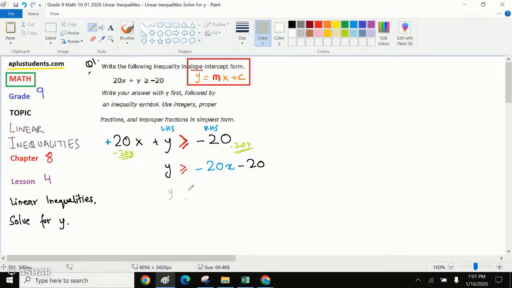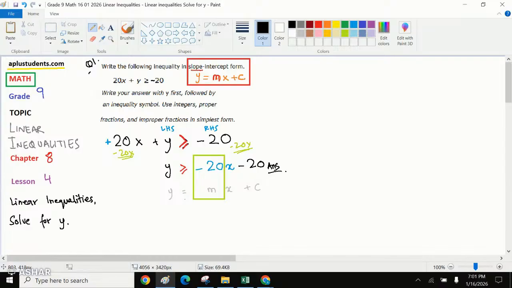Why? Because this is written as mx plus c, and in this particular question, the value of the slope would be minus 20. We do not have to find the slope yet. They're just saying, write the following inequality in slope-intercept form. And this is our answer. We change the form into y is equal to mx plus c.